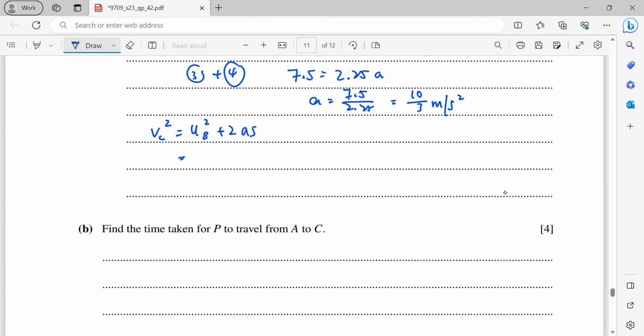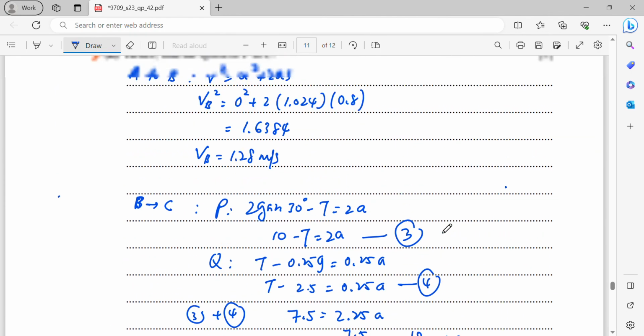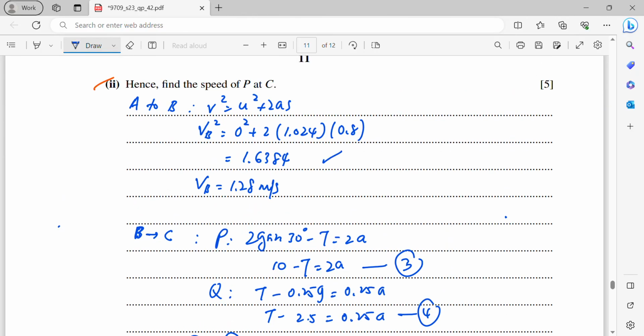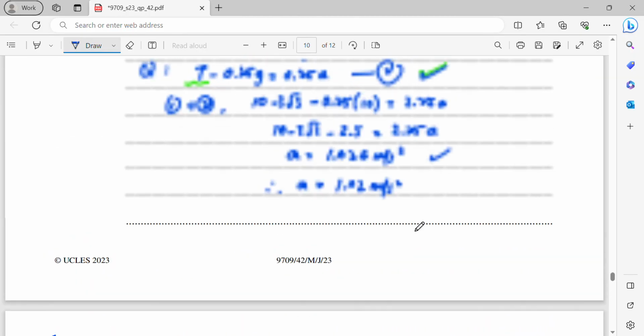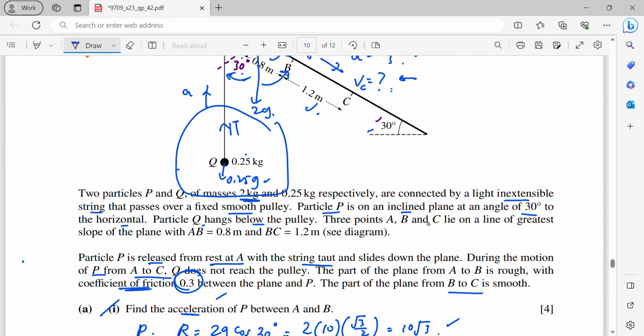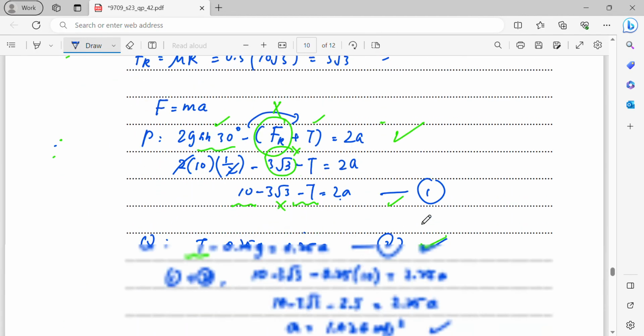Then I will get UB squared. I will use back this 1.6384. So 1.6384 plus 2, the A just found, 10 over 3. The S is given, which is 1.2. The distance B to C, 1.2.